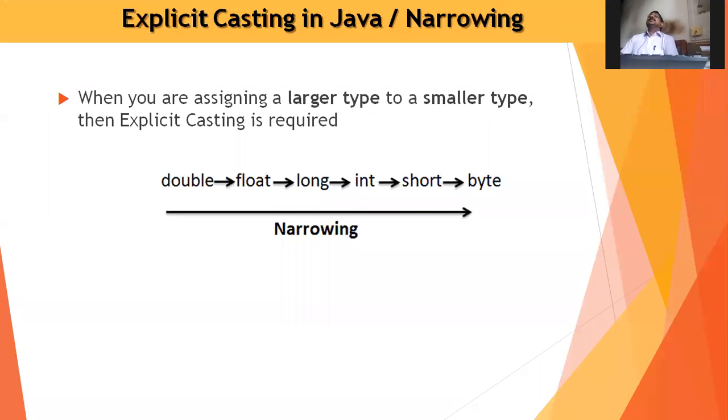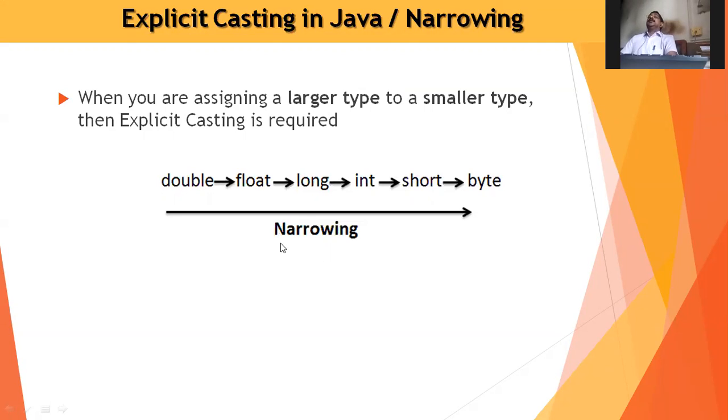Then the next is explicit casting. When you are assigning a larger data type to a smaller data type, explicit casting is required. For example, we cast double into float, float into long, long into integer, integer into short, and short into byte. This is called narrowing. We can convert double directly to short by explicit casting.